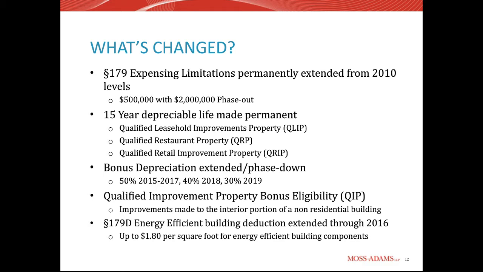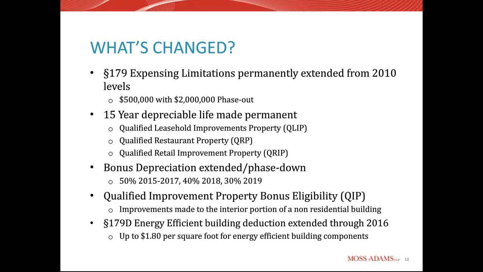And the final portion of the PATH Act that relates to tangible property anyway is the extension of the 179D energy efficient building deduction. Not to confuse this with the 179 expense, it's an entirely different incentive.